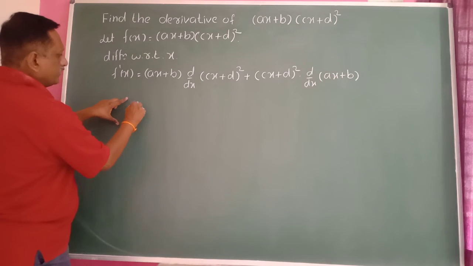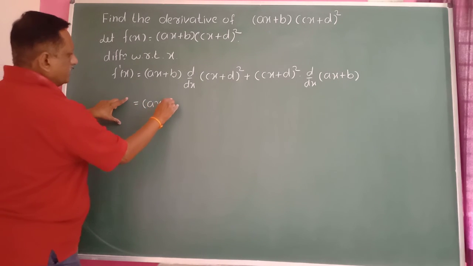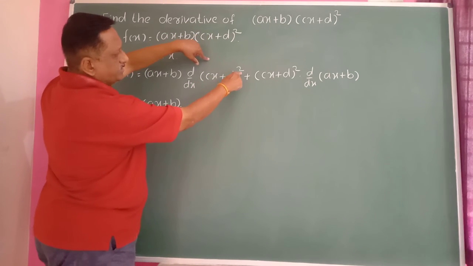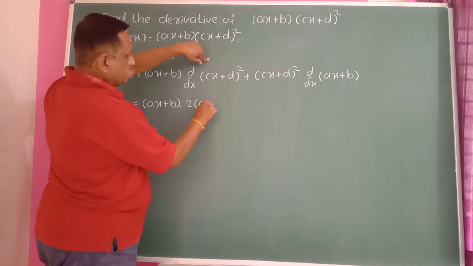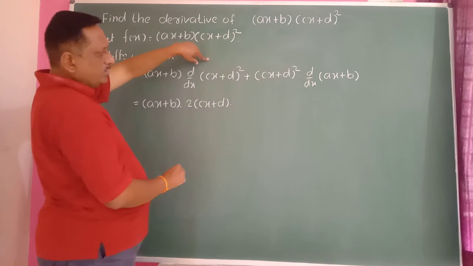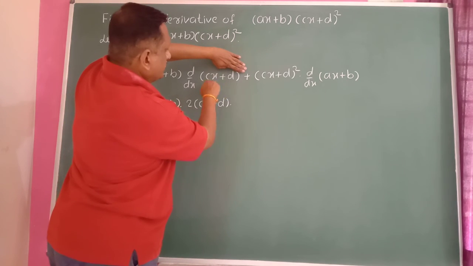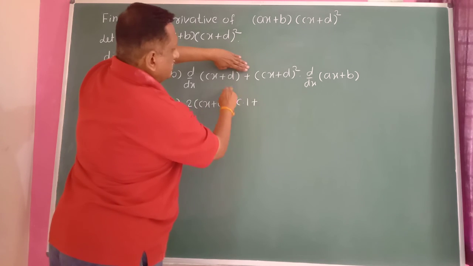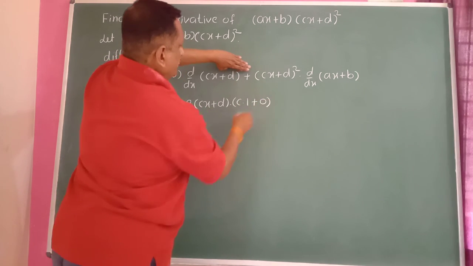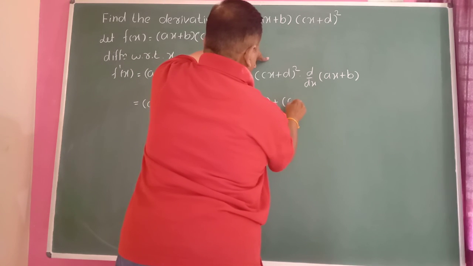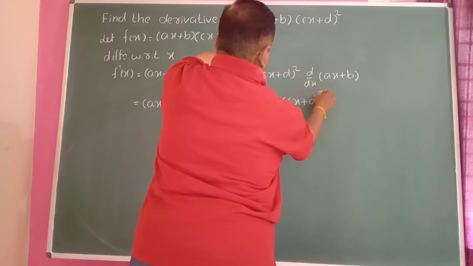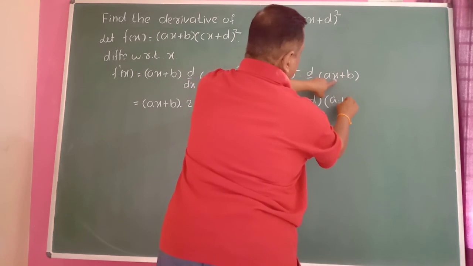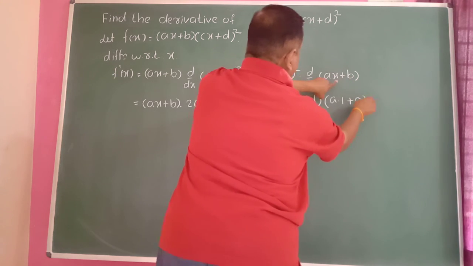Then this is equal to ax plus b into, then the total term differentiation of cx plus d whole square is there, therefore 2 into cx plus d into, then the differentiation of only this function here. So c into x differentiation is 1 plus differentiation of constant is 0, then plus cx plus d whole square here into bracket. Then the a constant here, x differentiation is 1 plus differentiation of constant is 0.